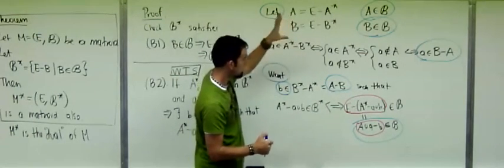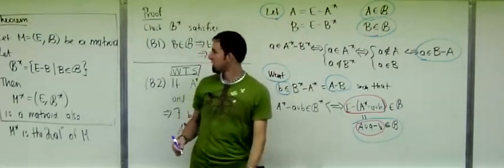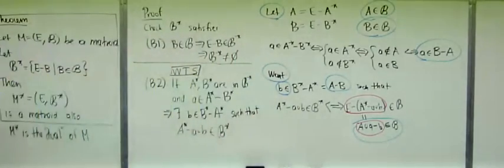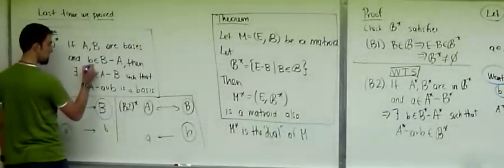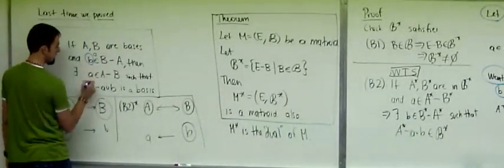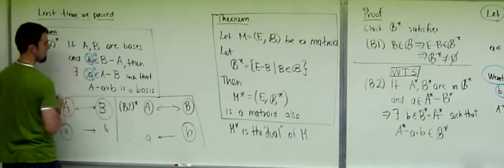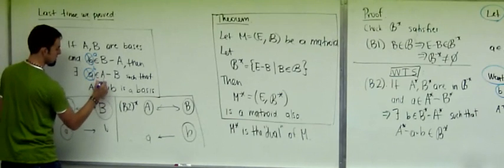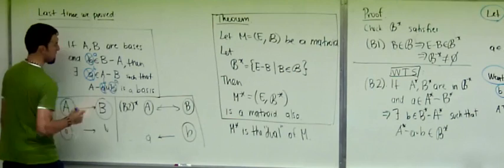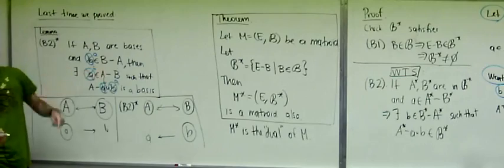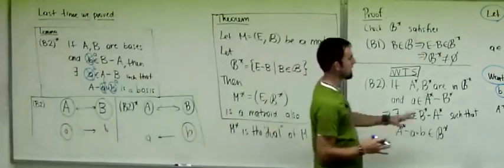In other words, if you look at this blue statement, this is exactly the statement B2 star. And in fact, if you want this statement B2 star to look exactly like what I have here, all you have to do is just change the names of A and B. So if you just call this guy A, and just call this guy B, then that means this guy is B, this guy is A. And you see that this statement that I made here is exactly the statement that I highlighted here in blue.